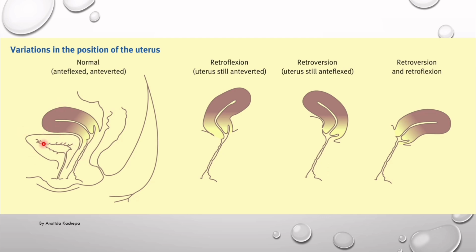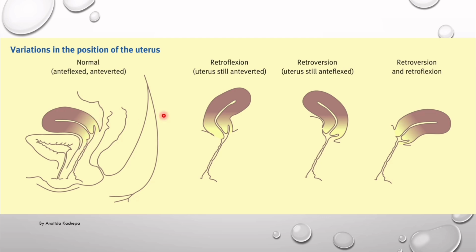It will be behind the bladder and in front of the what? The rectum, being at right angles with the vagina, and the body of the uterus being at about 170 degrees with the what?